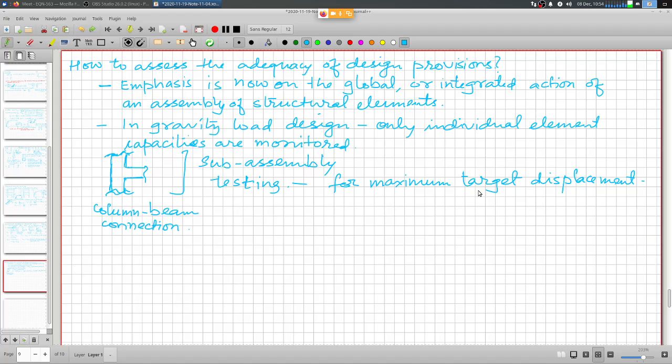So we design to sustain damage, but those damages have to be in a form that can be accommodated with inelastic deformation through ductile behavior.